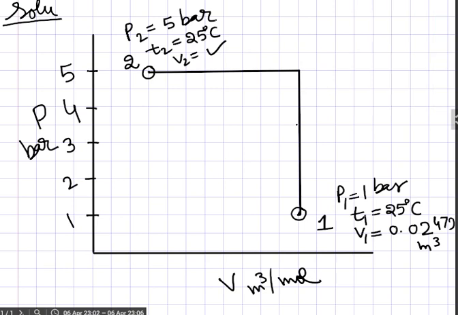This way you need to show the process, and this is your path A that has been defined, and I call this path this and this path this.